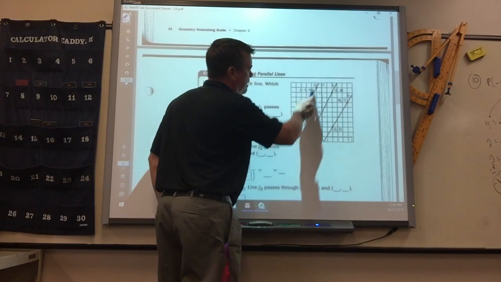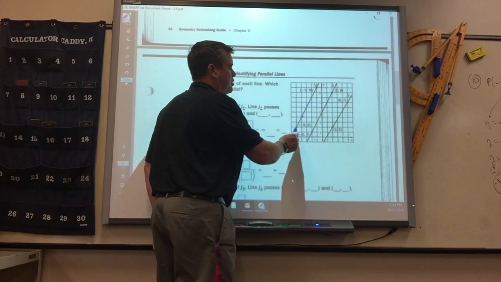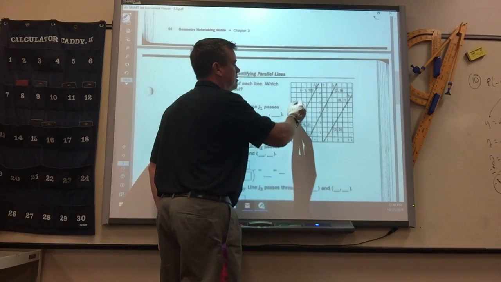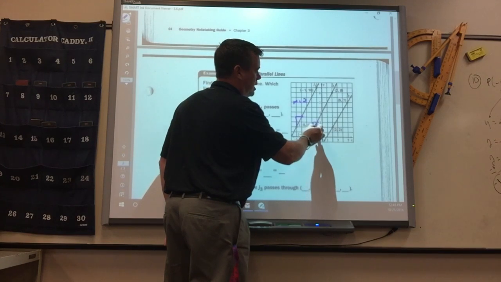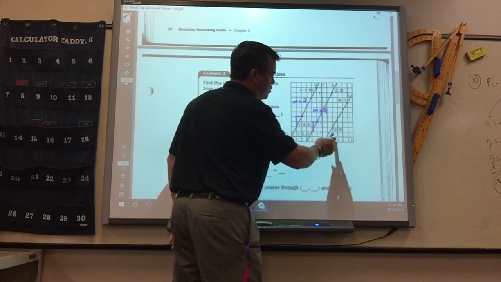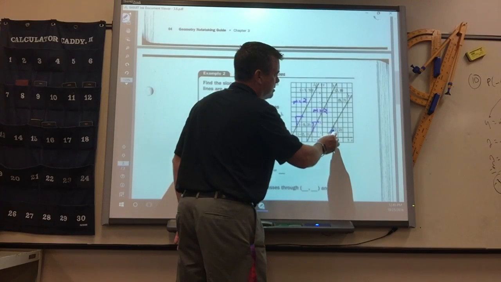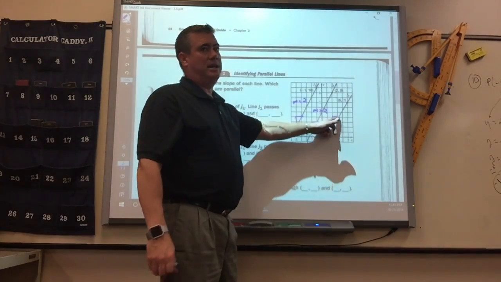And remember, you don't have to use these two points. I could use that one because it crosses through. So this rises 2, runs 1. Here, this rises 2 and runs 1, and I'm back on the line. So that's also 2. This one doesn't. If I go up 2 and over 1, I don't quite get to the line.